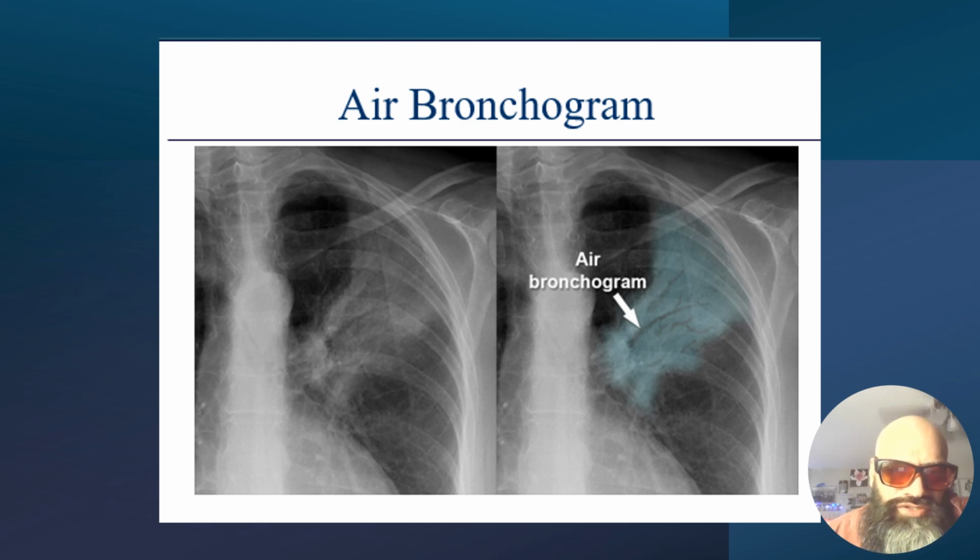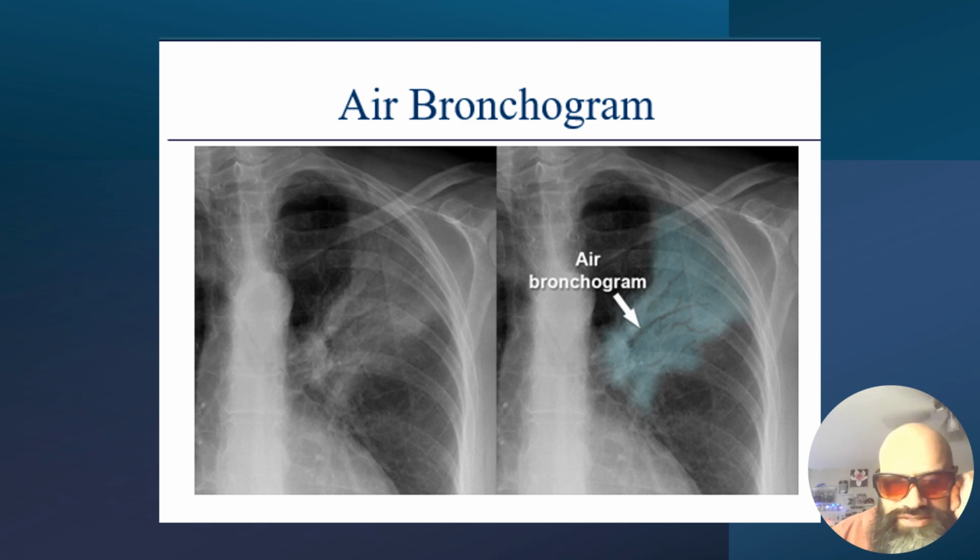So when you start seeing that there is a fluid dense material in the surrounding areas of the alveoli, you'll start to notice a line here that signifies air. Okay, so it's a dark branching marking around an area of abnormal white lung tissue. This is called the air bronchogram sign.